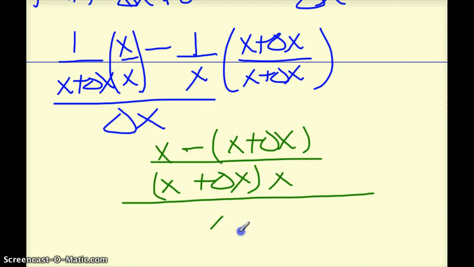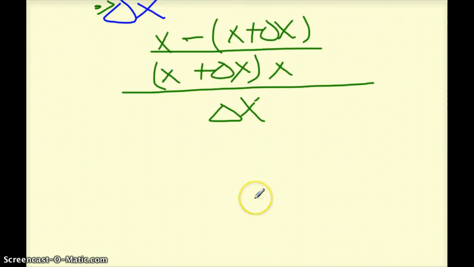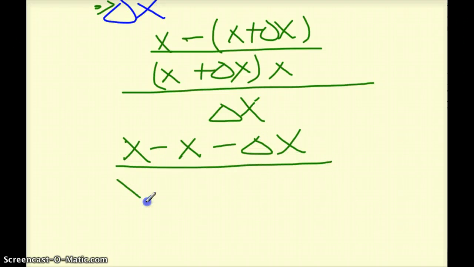And don't forget, I still have that denominator of x from here. Okay, so we're going to have to work on simplifying this. So I'm going to simplify my numerator, and I get x minus delta x all over x times x plus delta x. I'm just moving this delta x over to that side. And since I have double denominators, I can actually combine my denominators into one. I'm going to stick that delta x right here.